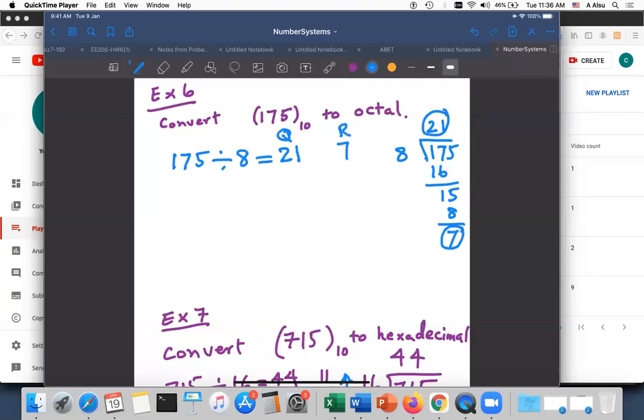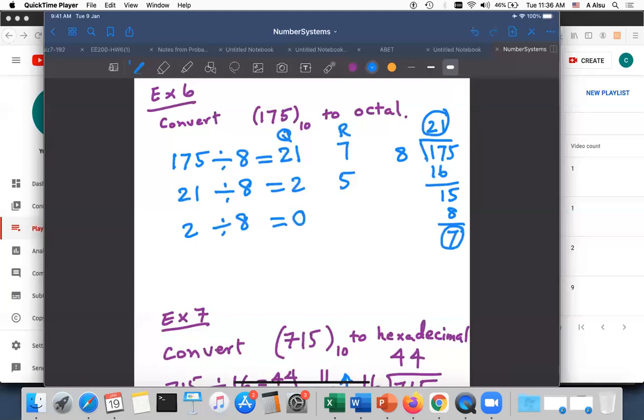So I have a quotient of 21 and the remainder of 7. Then I take 21 and divide it by 8. It's actually 2, with the remainder of 5. Now I take the 2 and divide it by 8.